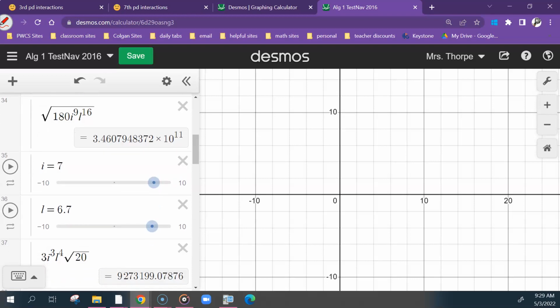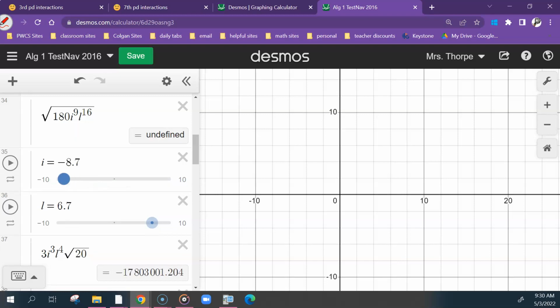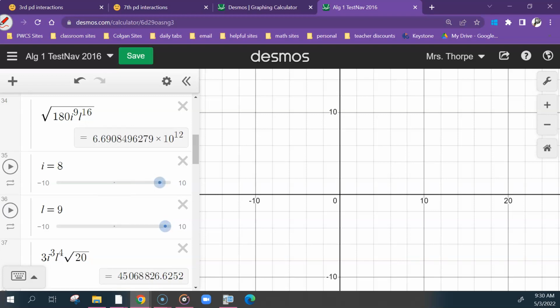And then it will give you some number. You want to change both of the sliders so that they're not 1 or 2, because those are really close. Change it to something else completely. You can change it to 7, you can put a negative, it doesn't really matter. I'm sorry. Don't do negatives for square roots, it'll be undefined.